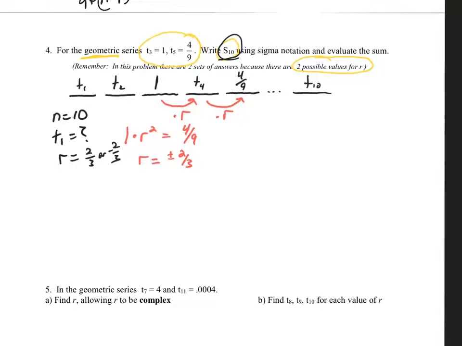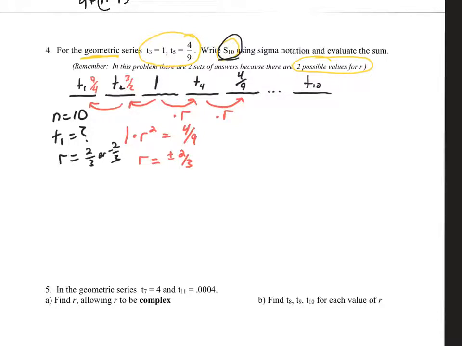Well, we also need to know what T1 is. So we just have to backtrack. What we're going to do is go backwards twice. So we're going to divide by 2/3. We're going to do 1 divided by 2/3, and that gives me 3/2. And then we're going to do 3/2 divided by 2/3, and that gives me 9/4. And that would be if r was 2/3.